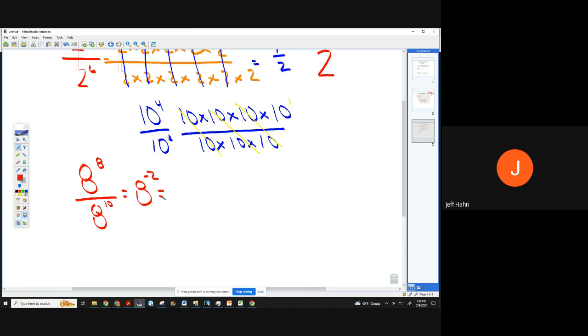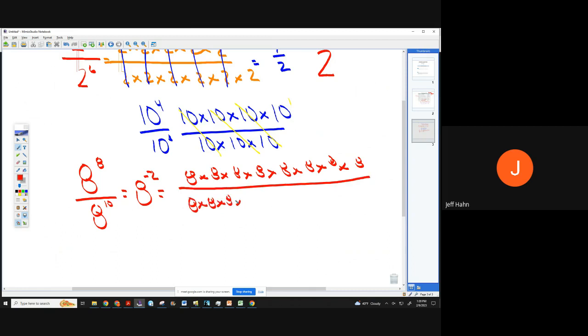If I were to do this out mathematically, I would put my 8 8s on top. This is going to be a little long. I should have used some smaller numbers, but I wanted you to see it with something big. 1, 2, up to 8. How many 8s on the bottom? 1, 2, 3, 4, 5, 6, 7, 8, 9, 10.